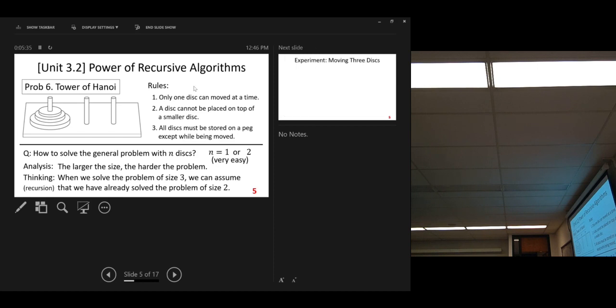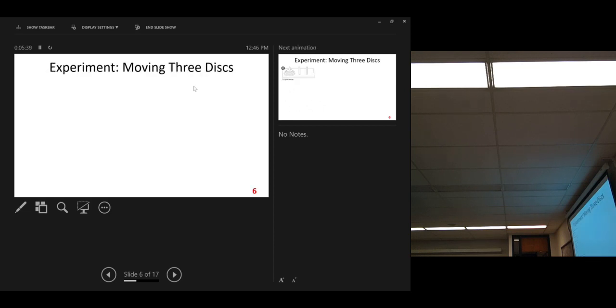Now let's try, using an experiment moving 3 disks, to give us a recursive solution. We start at the beginning, from this case. First, the top disk moves to peg 3.